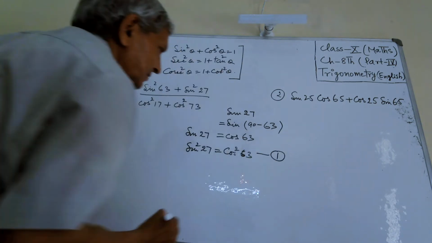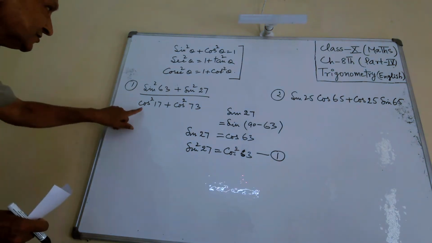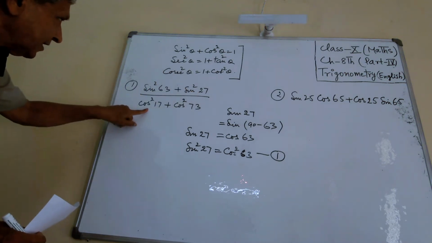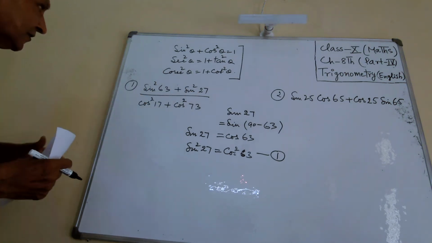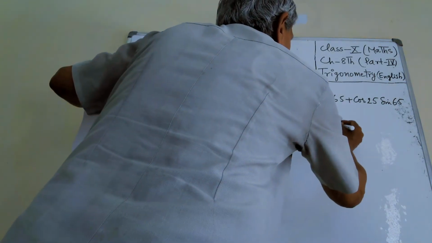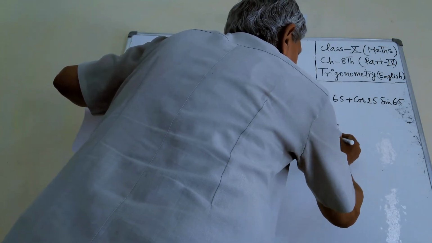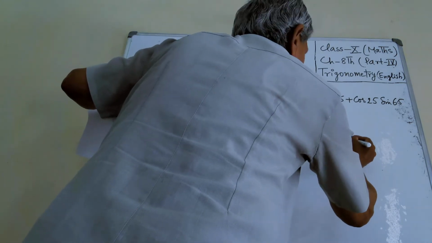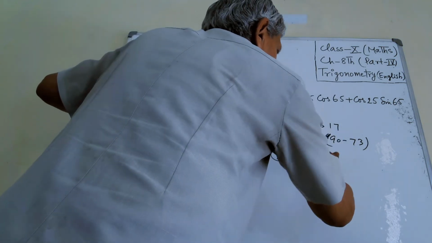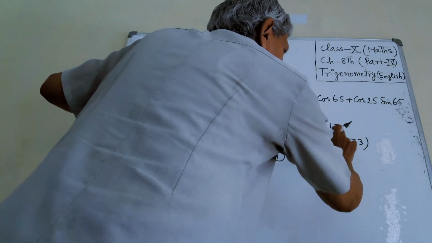This is the first result, my dear students. Now I am going to change the denominator, the first entry, cos 17. Here cos stays as it is, and 17 is equal to 90 minus 73, because there is no change in the angle.